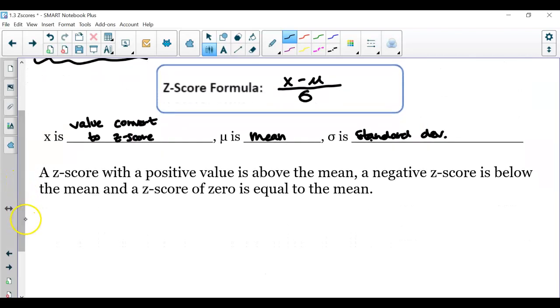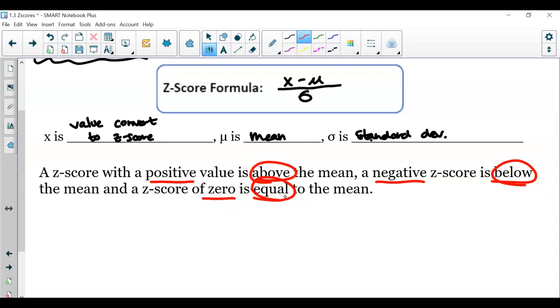And again, just that reminder that a z-score with a positive value is above the mean, like that example I showed you of 1.5. It's 1.5 standard deviations above the mean. Negative z-score means it's below the mean. And a z-score of 0 means it is equal to the mean, because it's not above or below.